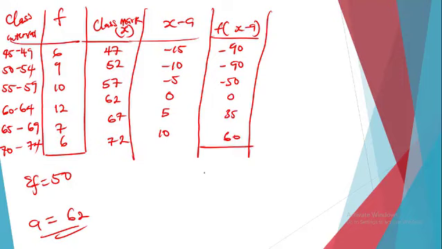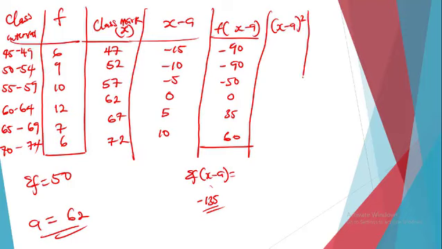And we add it up to get sigma f into x minus a, and that will give us minus 135.